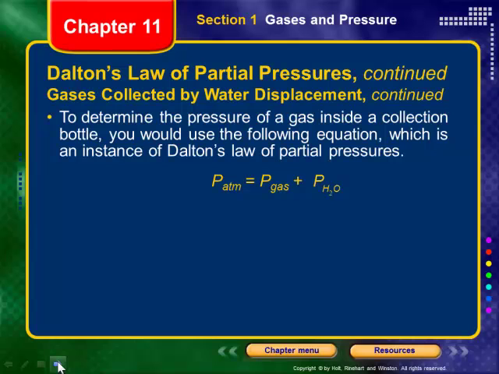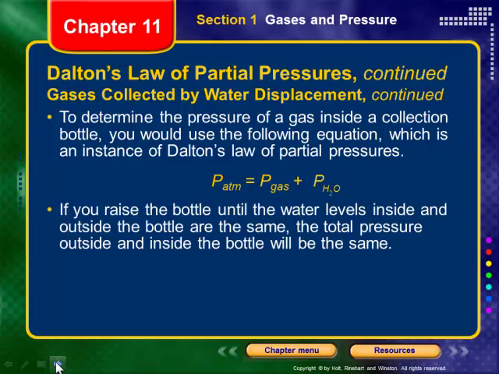The atmospheric pressure is equal to the partial pressure of the gas plus the pressure of the water vapor for the temperature that your experiment is at. Now, this actually is not the form that you're going to use, because you're going to take the atmospheric pressure and subtract the partial pressure of water vapor to get the pressure of the gas in the container. And that's the one we want to solve for. So we should write this as P sub ATM minus P sub H2O equals P sub gas.